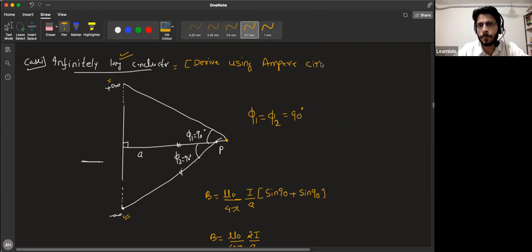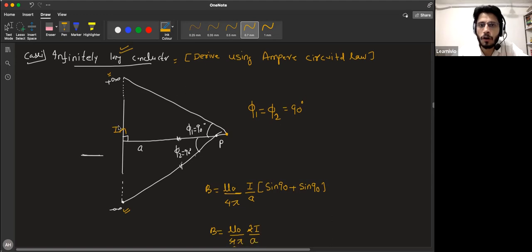Sir, could you show the right hand screw rule one more time? Just take your thumb, place your thumb in the direction of current, and this curvature will give the direction of the magnetic field. No, sir, on the notes, above this, you had written it right there.